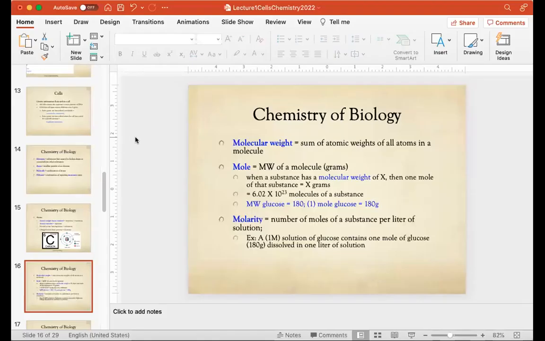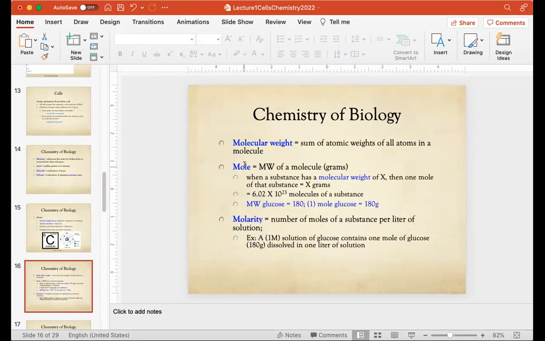Now, the other thing that we deal with in the laboratory anyway is needing to produce solutions from different molecules. And that's where molarity comes in. A lot of the solutions that we use are a certain molarity. And of course, the technical definition for this is the number of moles of a substance per liter of solution.